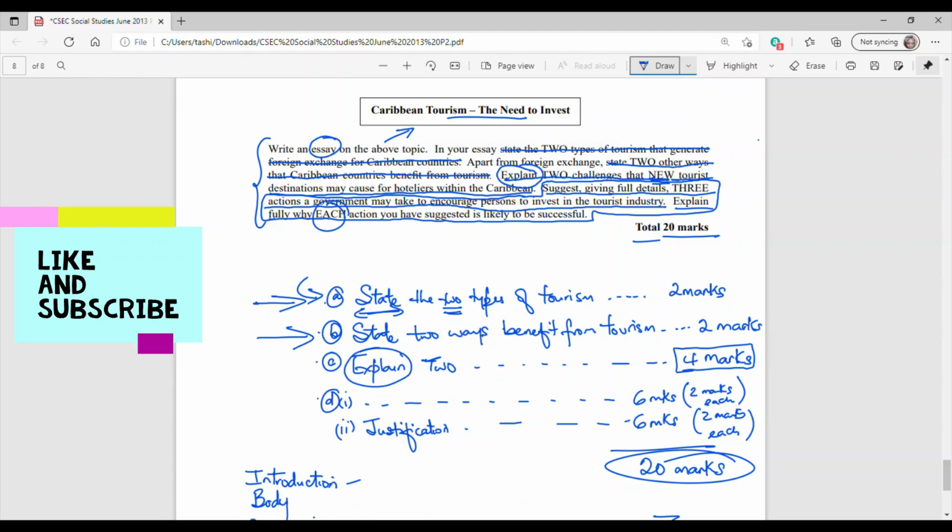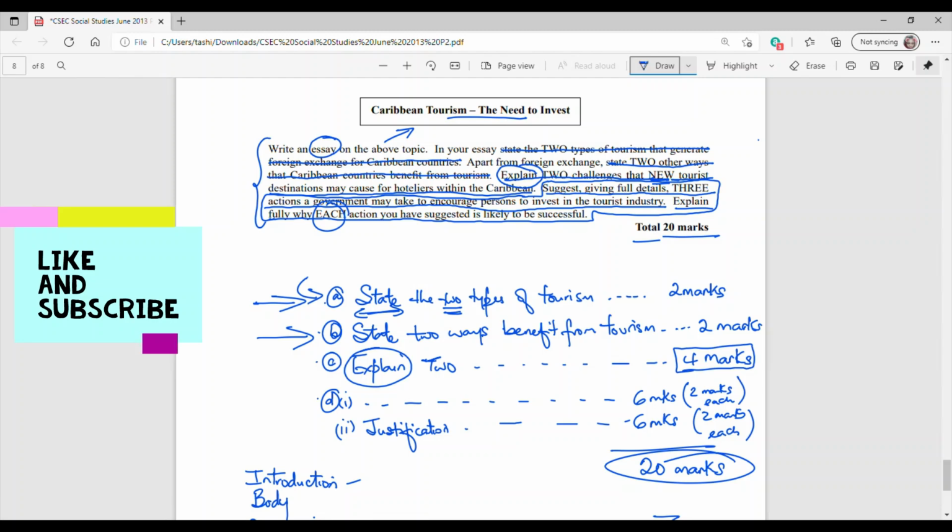So let me say that again. You are going to explain 2 challenges that new tourist destinations, so other places that are popping up and offering tourism as a product, 2 challenges that those places would cause for the people in the Caribbean who own hotels, the hoteliers within the Caribbean.